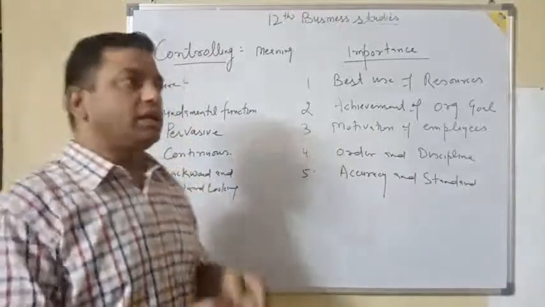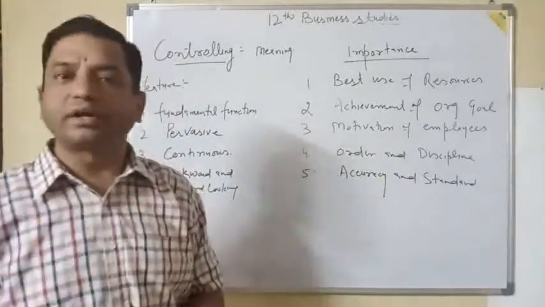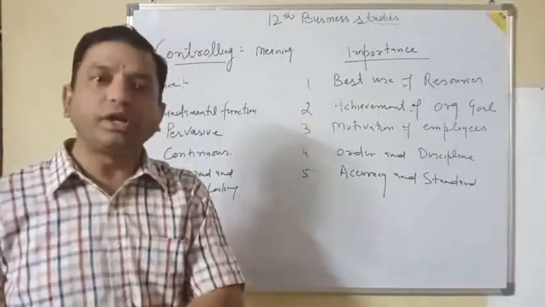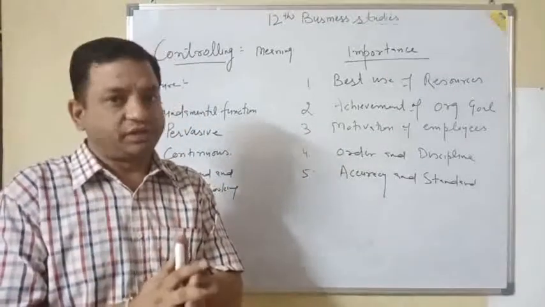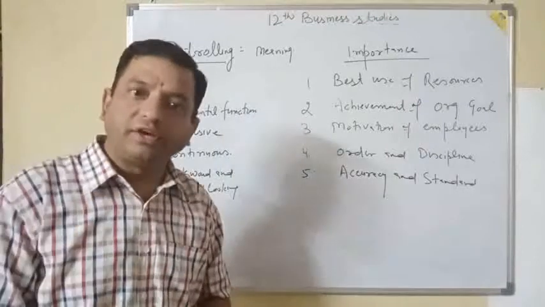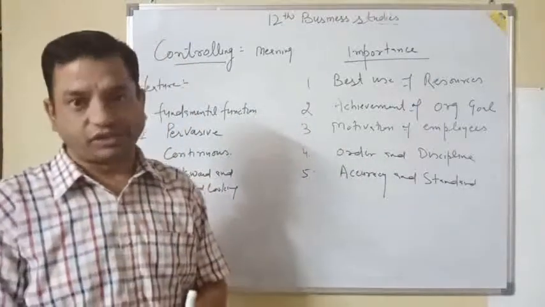Suppose we have planned to produce 100 units per day and the actual performance is 120, then 20 units will be called positive deviation. If the actual performance comes to 80 units, then 20 units will be called negative deviation.